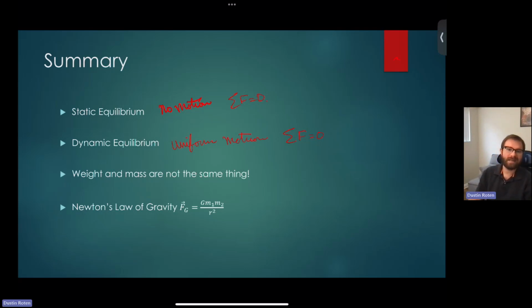It's important to remember that weight and mass are not the same thing. And Newton's law of gravity, which we'll probably use later, is just the multiplication of the masses times the scaling factor, g, and then we're going to divide that by the distance between objects.